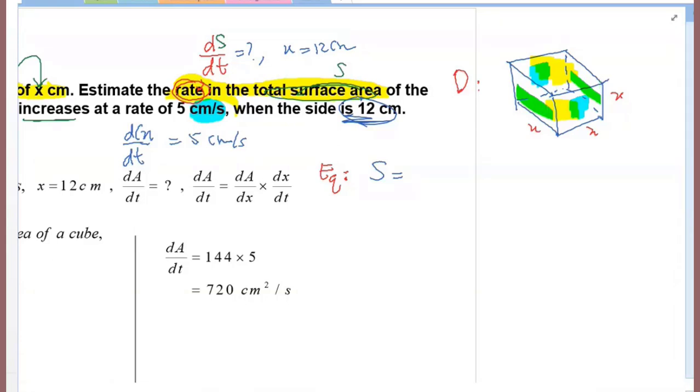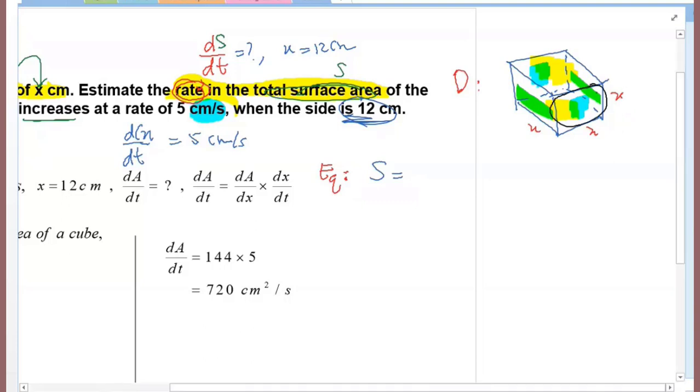Each face is x squared, the surface area. So we have 6 times x squared, because the surface is 6 times that. This is in a single variable.